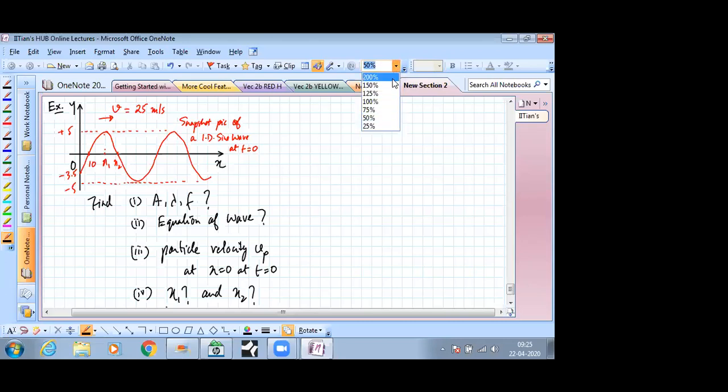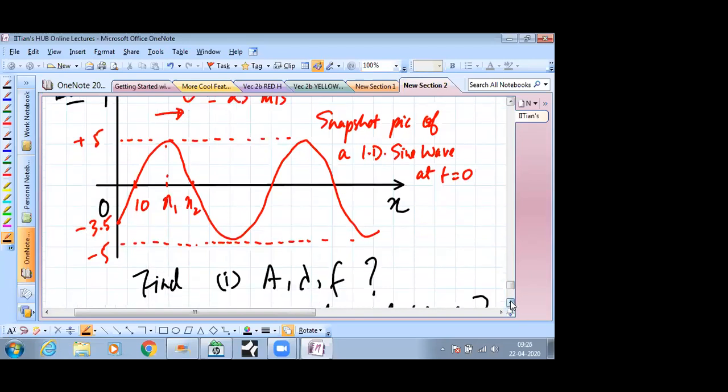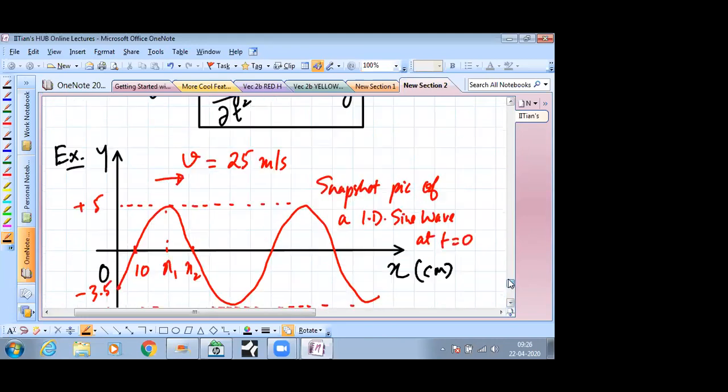The only direct information from the graph is the amplitude, which is 5, and the wave speed, which is 25 meters per second. Now, let us assume x is in centimeters, suppose that's also given in the question, because without that we won't get any units, and y is in millimeters. So let's see how we proceed from here.